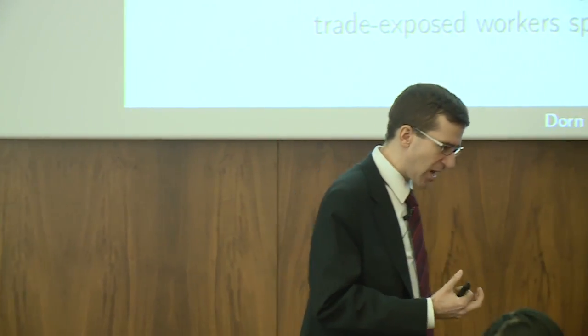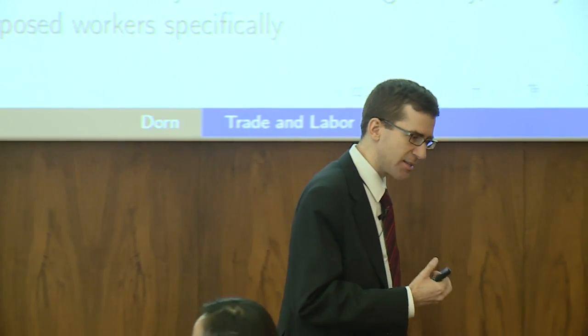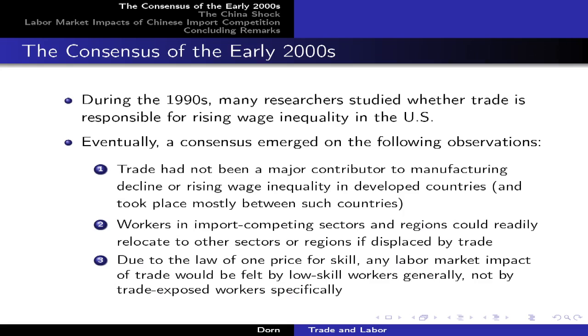Now, in practice, there was a sense that for a variety of reasons these negative effects just didn't seem that concerning. First of all, until the 1990s, there was actually relatively little trade between industrialized nations and developing countries.